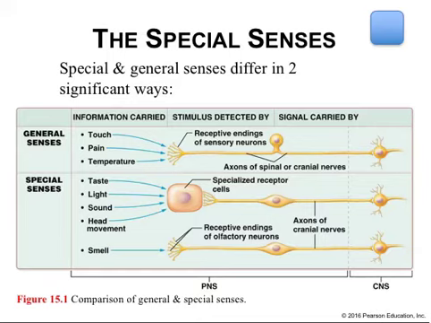And that event, more often than not, is a depolarizing event in which ion gates are opened that allow positively charged ions, which in most cases are sodium, to flood into the nerve cell or into the receptor cell, generate a depolarizing current, and if that change is sufficiently strong, that can produce an action potential. And so you can see how it's set up with general senses.